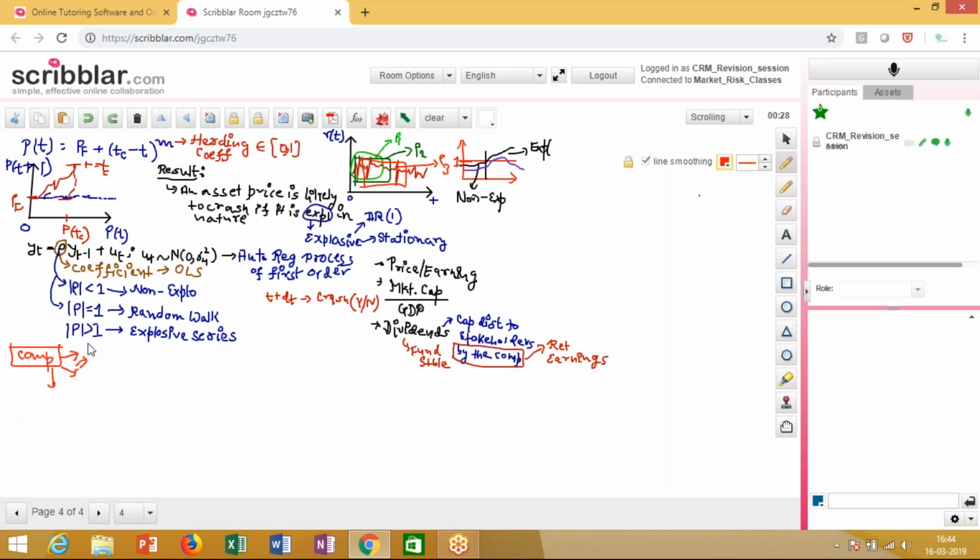The company issues these shares, and each share, say, is $10.